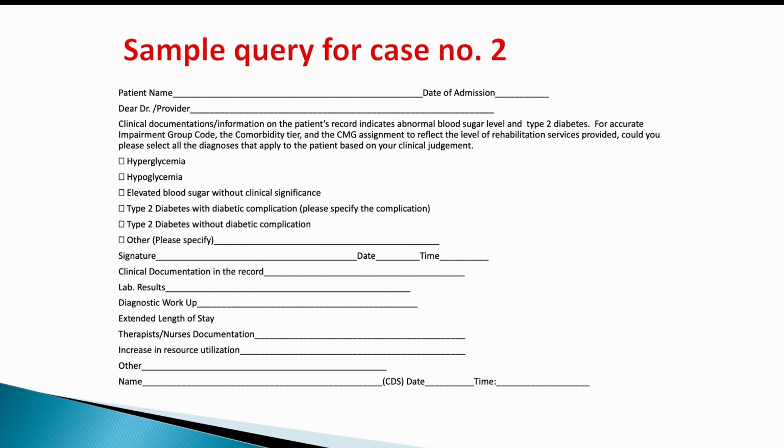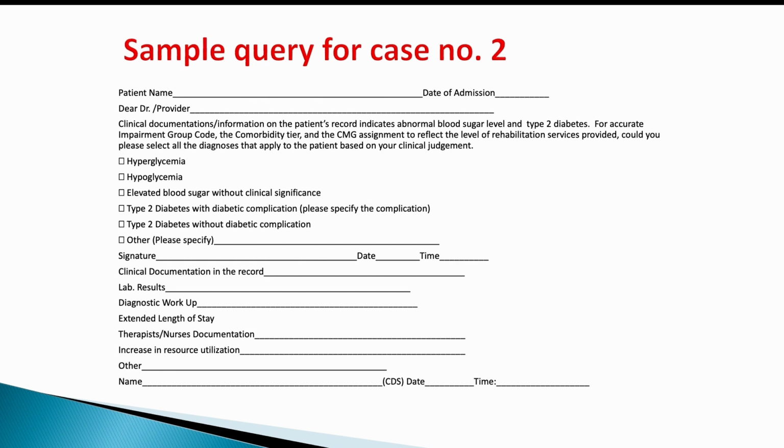Place patient name, date of admission. Dear Doctor/Provider, place the name. Clinical documentation/information on the patient's record indicates abnormal blood sugar level and type 2 diabetes. For accurate Impairment Group Code, the Comorbidity tier, and the CMG assignment to reflect the level of rehabilitation services provided, could you please select all the diagnoses that apply to the patient based on your clinical judgment?